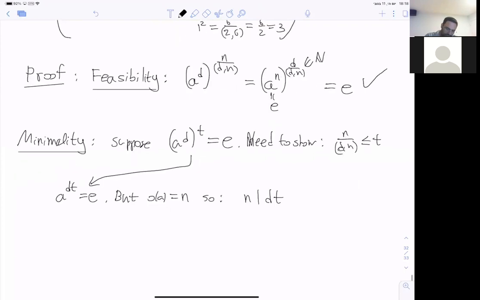And from here, we can also deduce that if we divide both by the GCD, then it remains true. I mean, these are two numbers, both being divided by the same number, so it remains true.